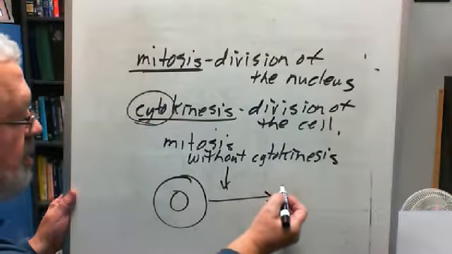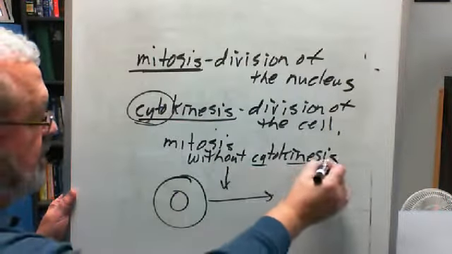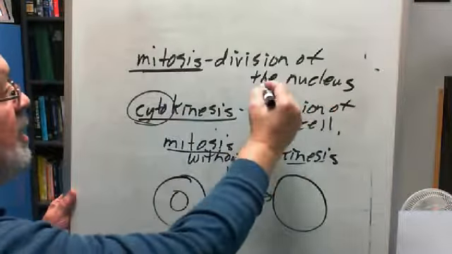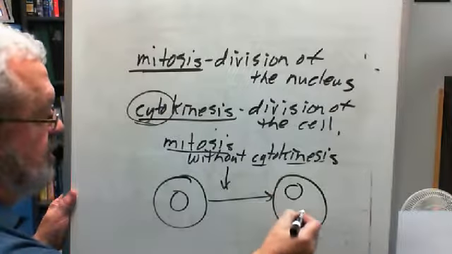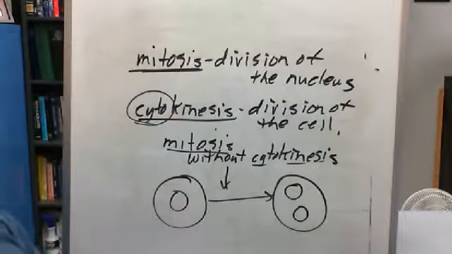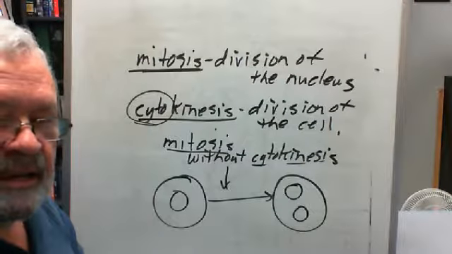How many cells would I draw over here? Well, if there's no cytokinesis, the cell did not divide. But if you had mitosis, you had division of the nucleus, and so you'd have a daughter cell with two nuclei. That's how you could diagram mitosis without cytokinesis.